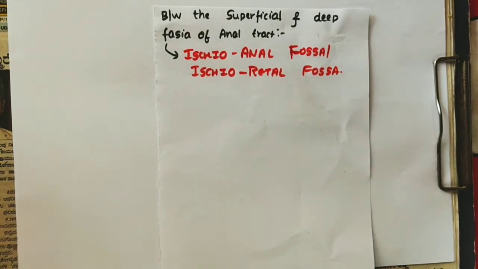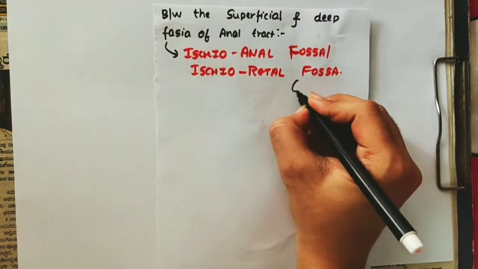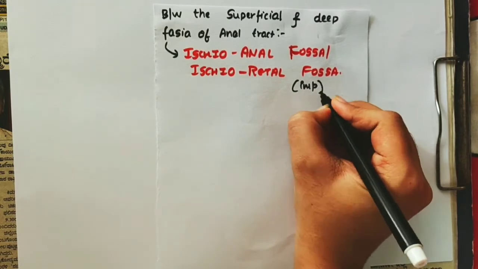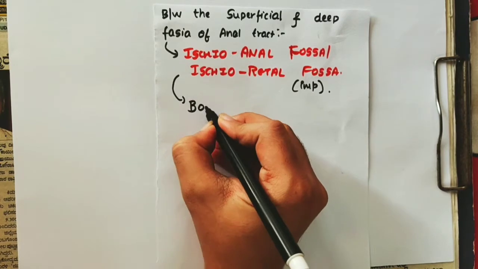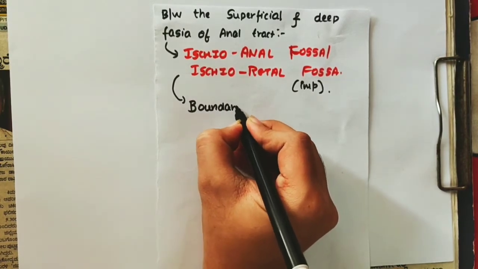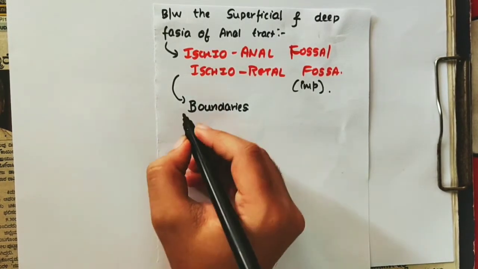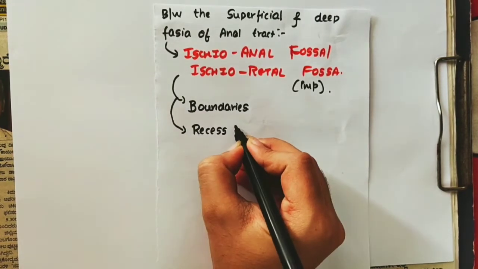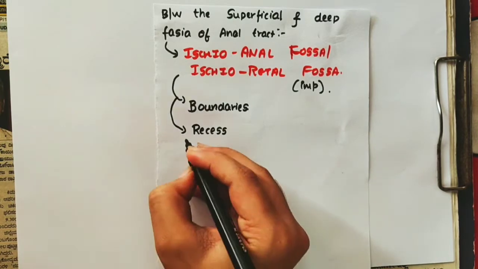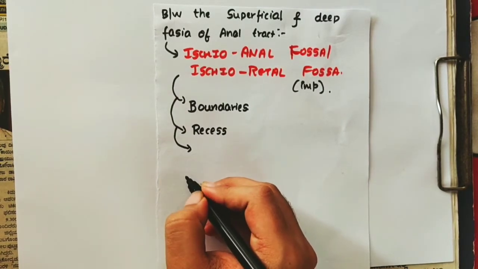Okay, so we'll study about this ischiorectal fossa deeply in the next class because it's a very important topic. For exam, usually they'll ask about the boundaries of the ischiorectal fossa, the recesses or the spaces of the ischiorectal fossa.